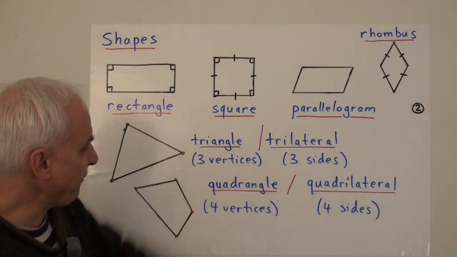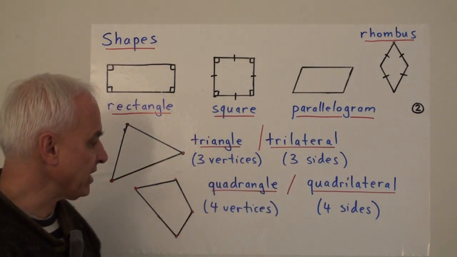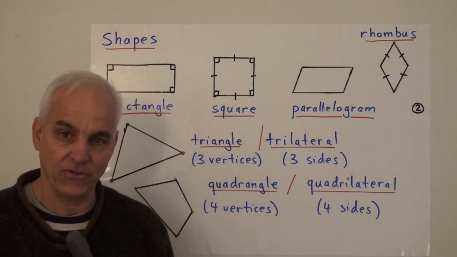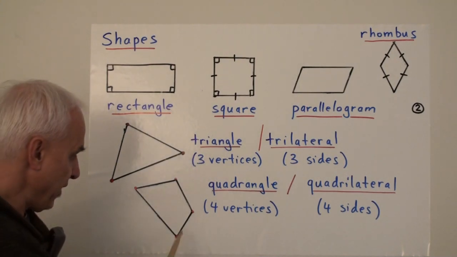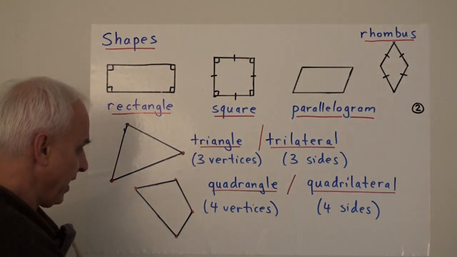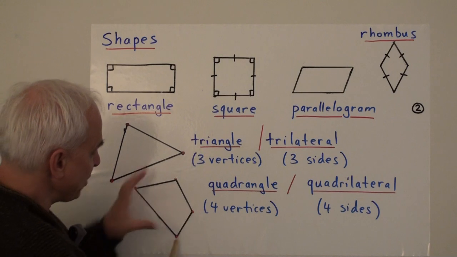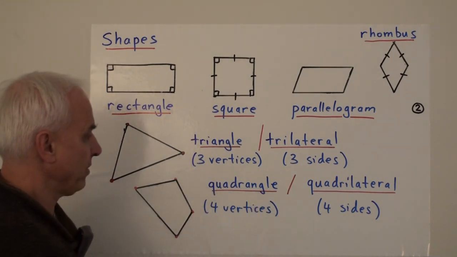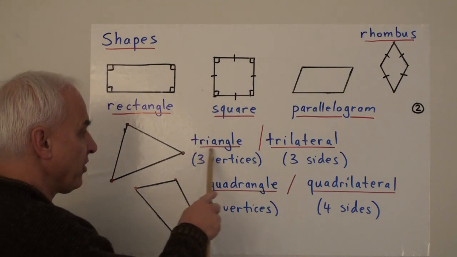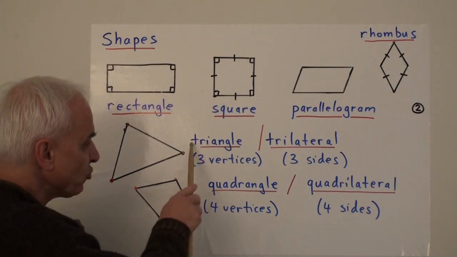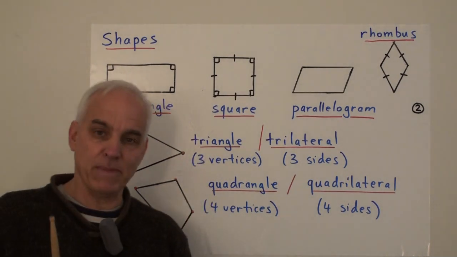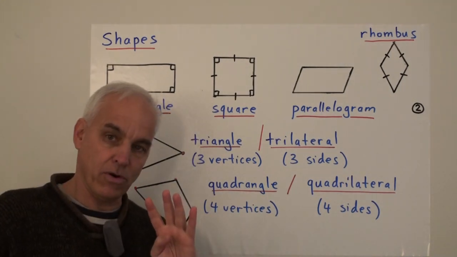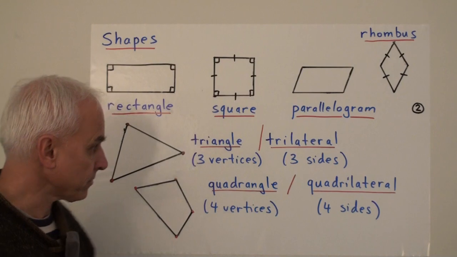The difference between emphasizing vertices and sides is a little bit clearer when we go to four vertices or sides. If we have four vertices and we think about the object formed from those vertices, we call that a quadrangle. Generalizing a triangle, tri is a root meaning three, and quad is a root word meaning four.